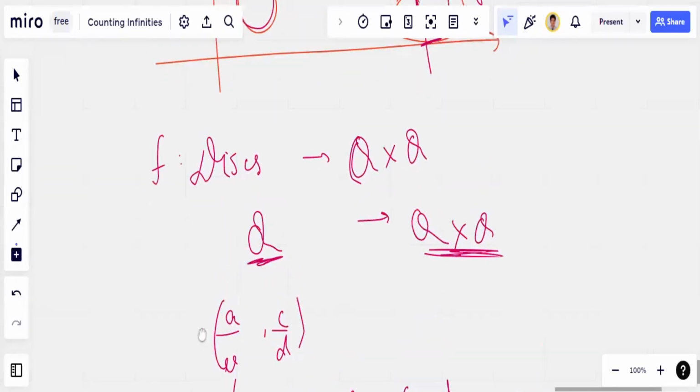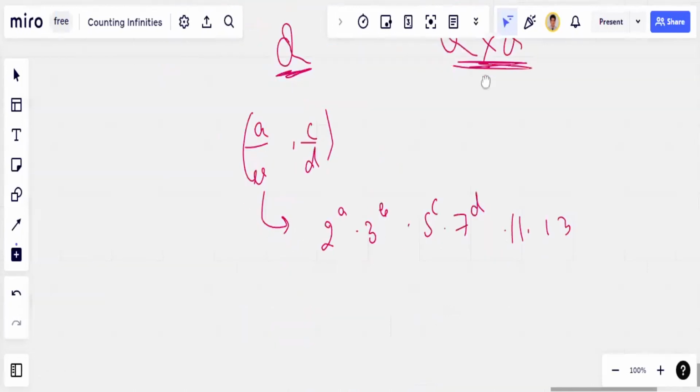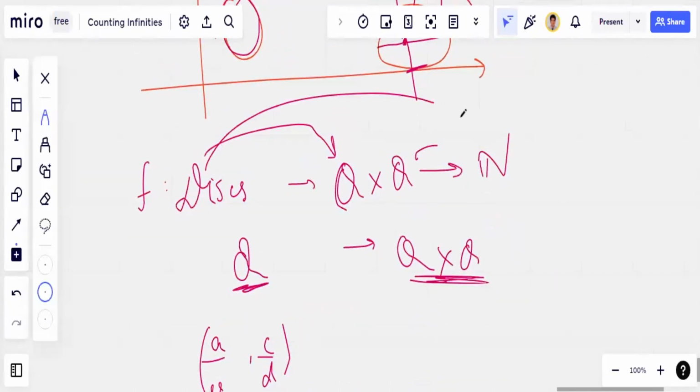So now we have that there's an injection from disks to Q cross Q, and there's an injection from Q cross Q to N. We just showed this injection. So there's an injection from disks to N directly, which means that there cannot be uncountably many disks in the plane. Let me know if this question is clear or if you have any doubts.